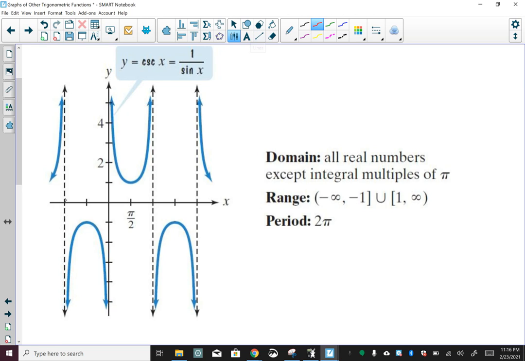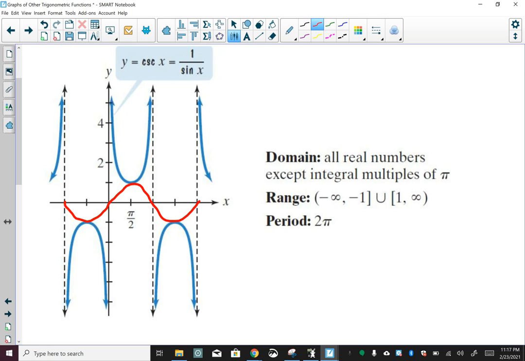So let me see if I can draw this. I'm not a very good drawer, so bear with me. My sine graph will come down and do this, and then come up here and do that, and then come down here and do this, and then come back up here and do that. So there's my sine graph right there.